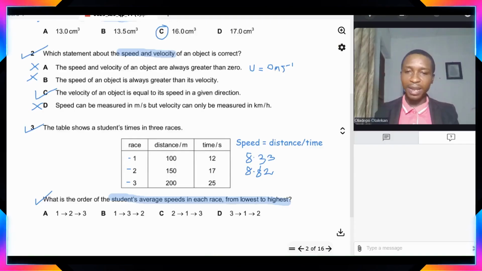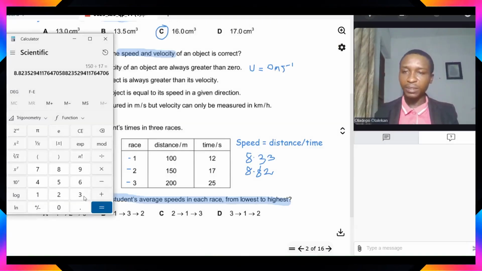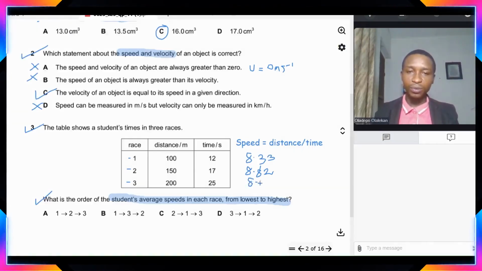Then for the last race, which is the third race, we have 200 divided by 25, and that gives us 8.00 meters per second. If you have to move from lowest to highest, that implies you have to move in ascending order.